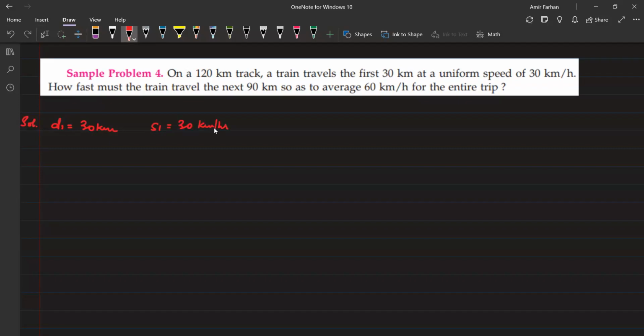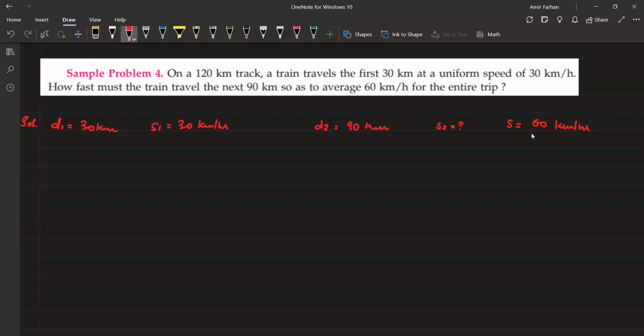Next, how fast must the train travel the next 90 kilometers? So the distance D2 is 90 kilometers, and we have to find the speed 2. And the average speed is S. I'm taking S as 60 kilometer per hour.